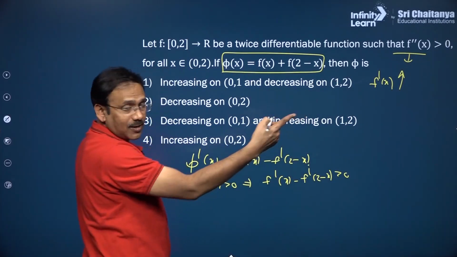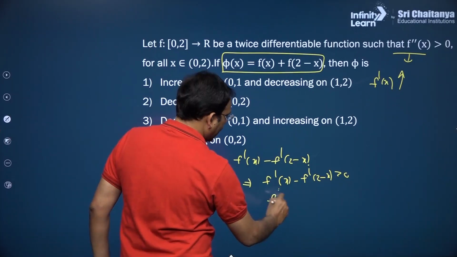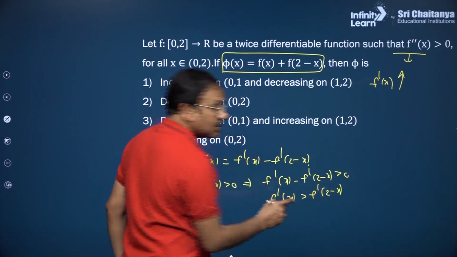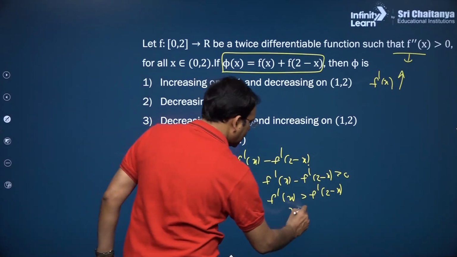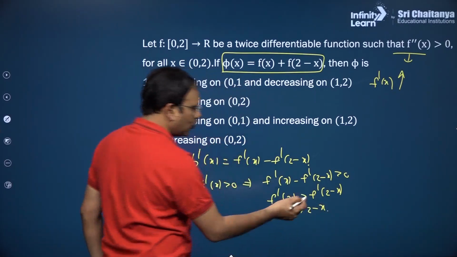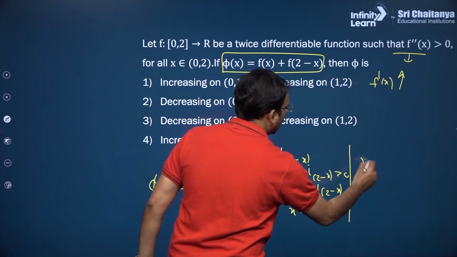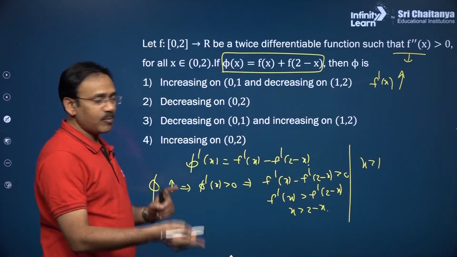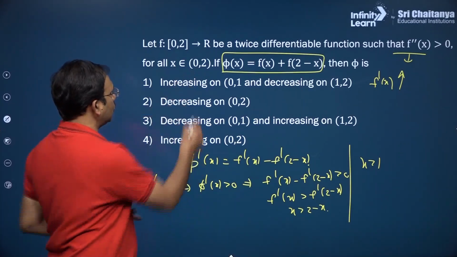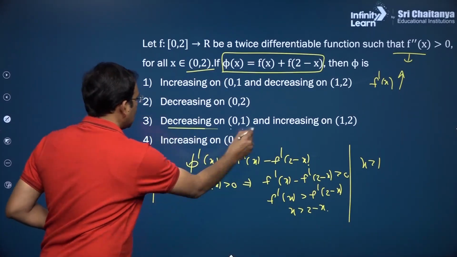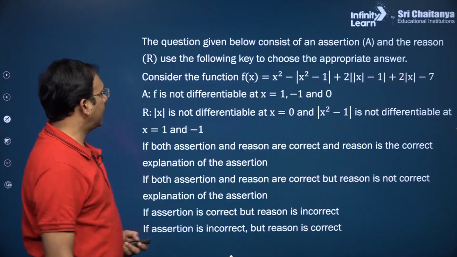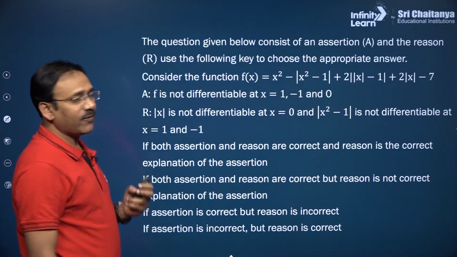But f dash is already increasing, that means f dash of x is greater than f dash of 2 minus x. Since f dash is increasing, x is greater than 2 minus x, 2x greater than 2, so x greater than 1. When x is more than 1, phi is increasing. Obviously, in the reverse case, x belongs to 0 to 2 only, decreasing in 0 to 1 and increasing in 1 to 2. Perfect.